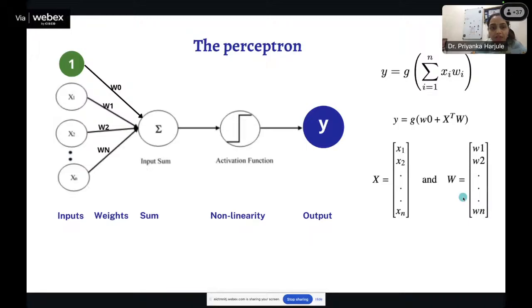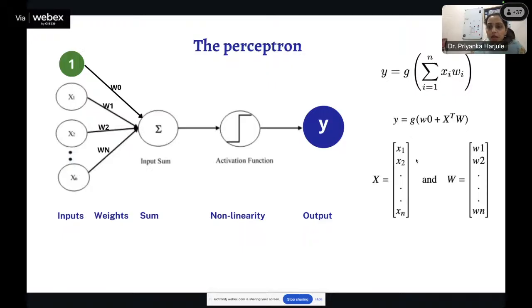We saw in the previous lecture, this is how the mathematics of a neural network is. What you do is you sum the product of the weights and the inputs, and then you apply the non-linearity to it to get your y.